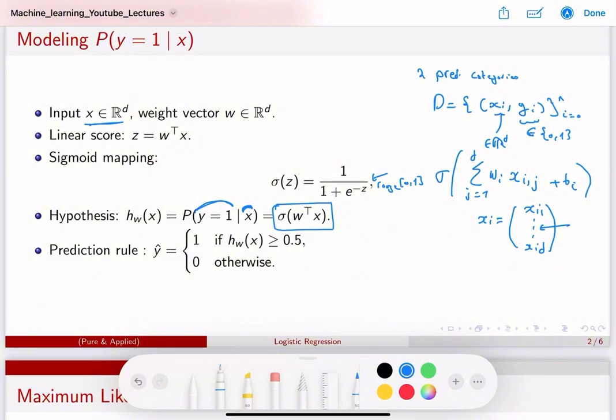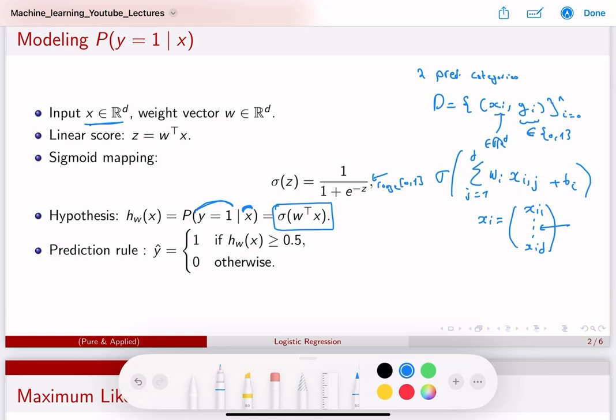However, as is always the case in supervised machine learning algorithms, when we introduce a weight, we need to find the weight, right? So we need to find the weight vector that will help us predict the label for unseen data.